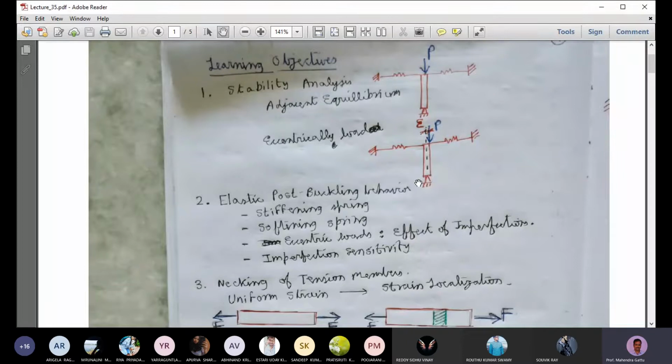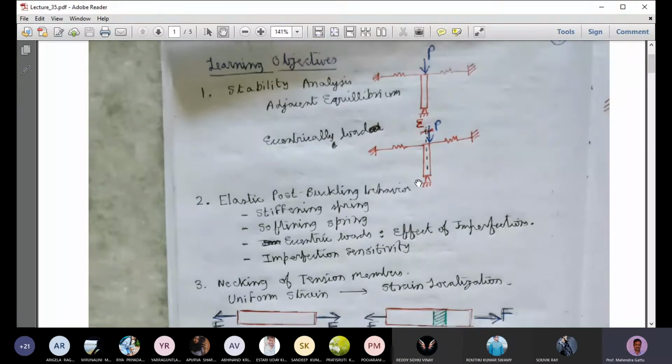Today's class, I'll continue with stability analysis. We'll understand some simple scenarios where we look into the stability of a structure, and I'll then introduce the concept of elastic post buckling behavior.